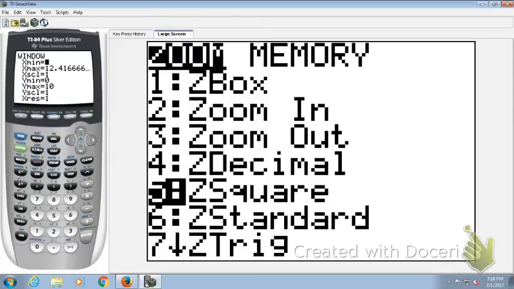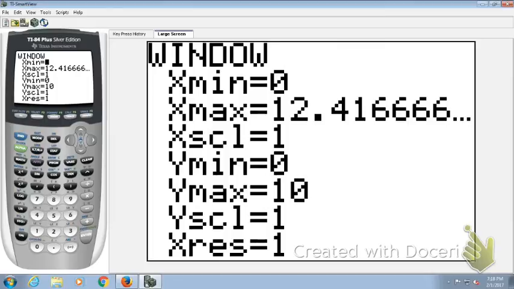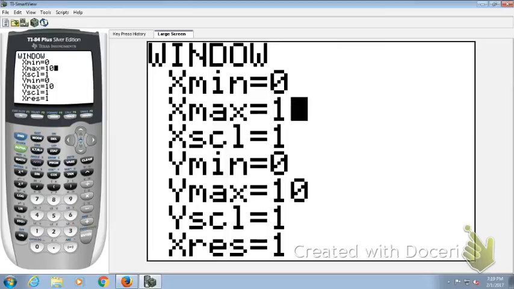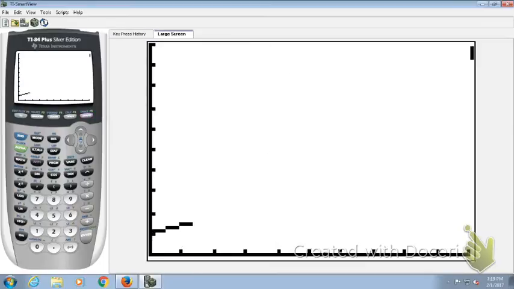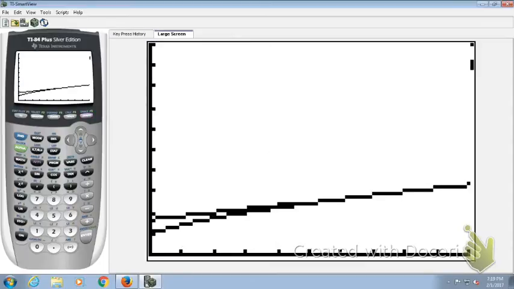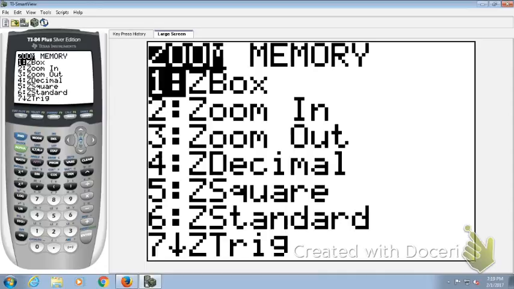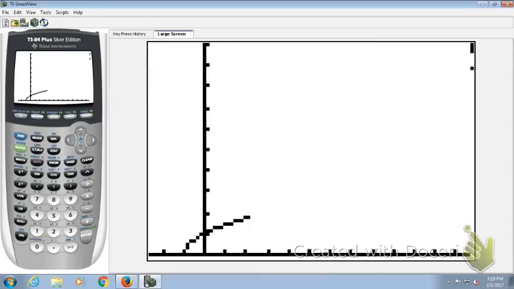Actually, let me change my window first. I'm going to go from 0 to 10 instead of -10 to 10 for both of these. Let's see what it looks like. And then zoom square.